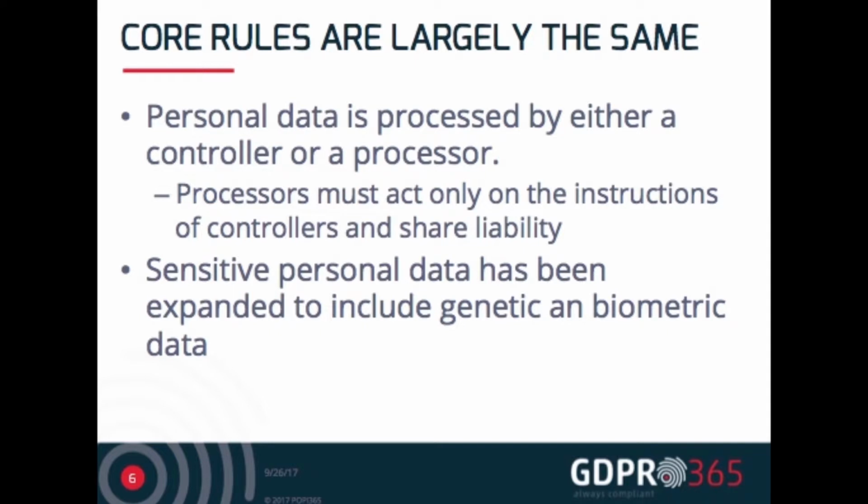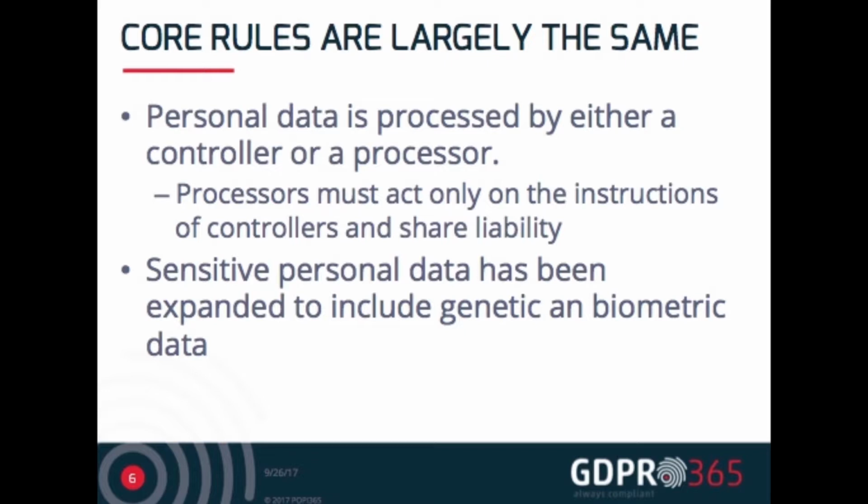So what are the core rules? As I mentioned before, the data protection regulation is replacing a data protection directive. As such, most of the core rules are the same. The scope changes slightly. It focuses on personal data, just like the previous directive, but the scope of what is personal data has changed slightly.